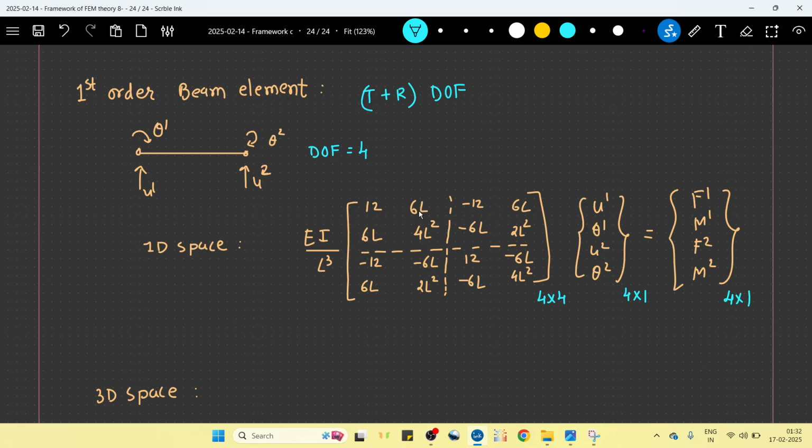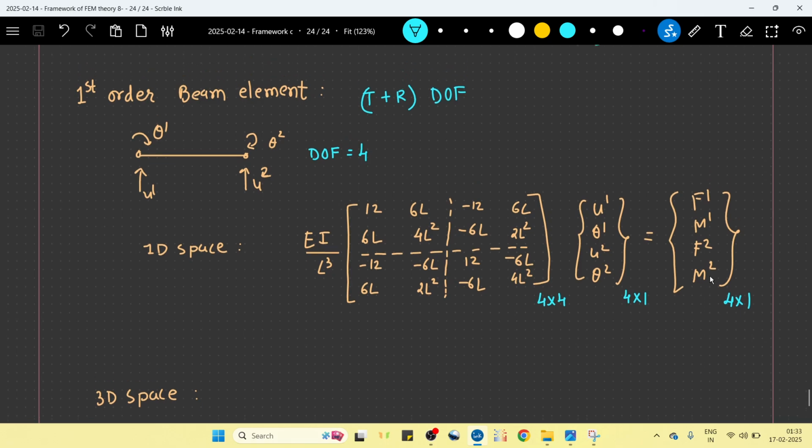So this is a stiffness matrix and this is a displacement vector, where u1 is displacement at node 1, theta 1 is rotation at node 1, u2 is displacement at node 2, and theta 2 is rotation at node 2. The force vector is F1, the force at node 1, M1 the moment at node 1, F2 the force at node 2, and M2 the moment at node 2.